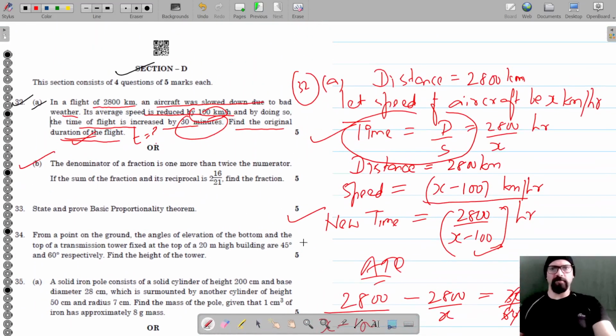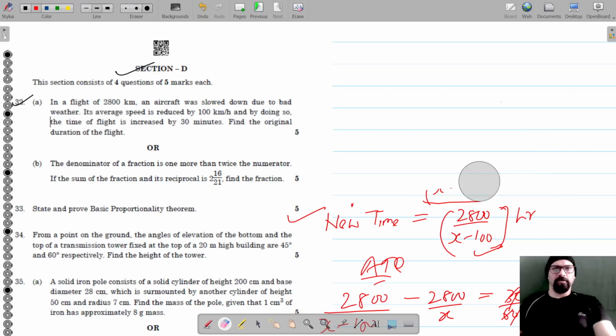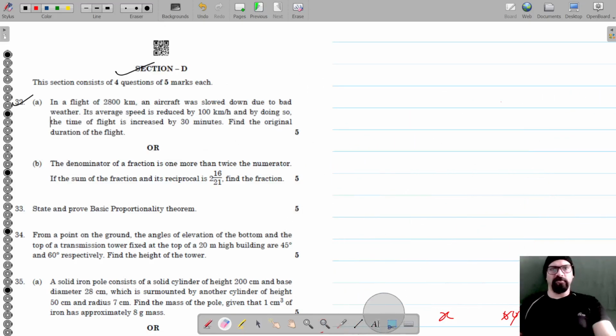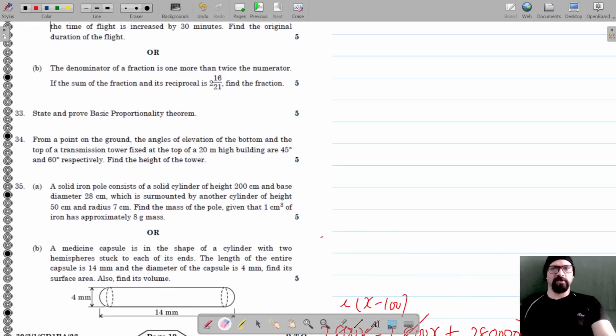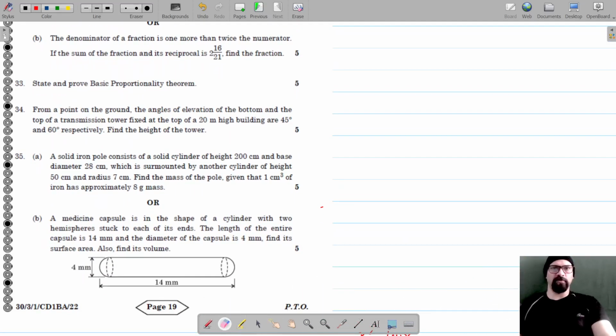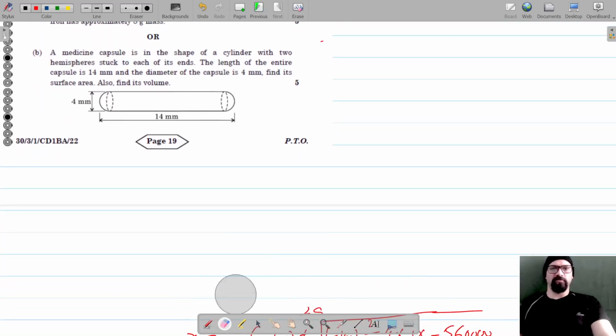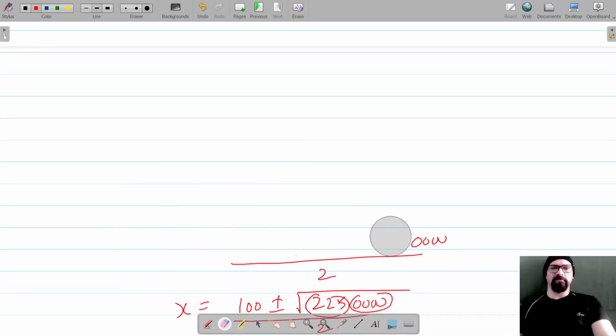That is part B of the same question. And it's given that the denominator of a fraction is one more than twice the numerator. And if the sum of the fraction and its reciprocal is 58 by 21, we have to find the fraction.